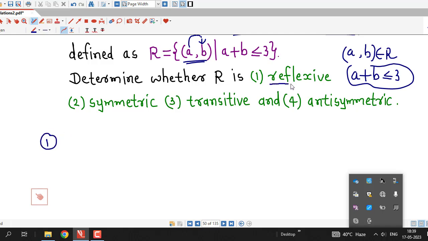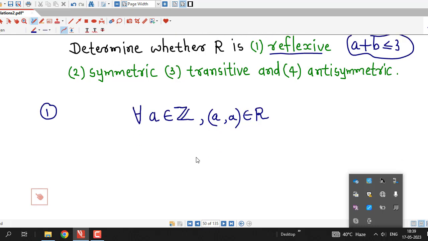First we have to check whether the relation is reflexive or not. For a reflexive relation we require this condition. If we take any integer, then the relation is reflexive if that integer is related to itself, that is (A, A) belongs to R for every A in the set of integers.